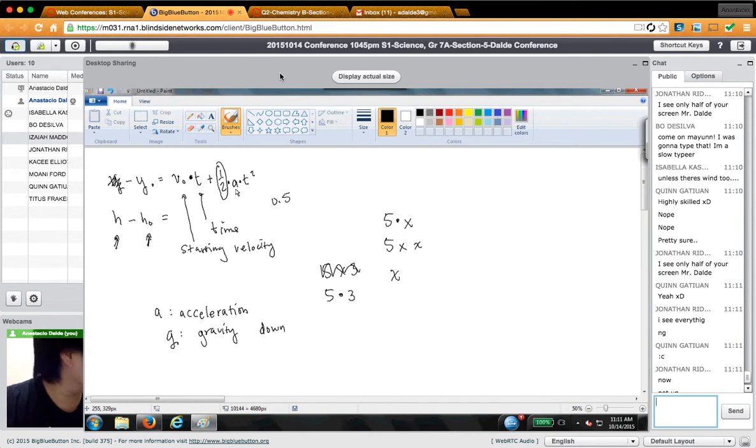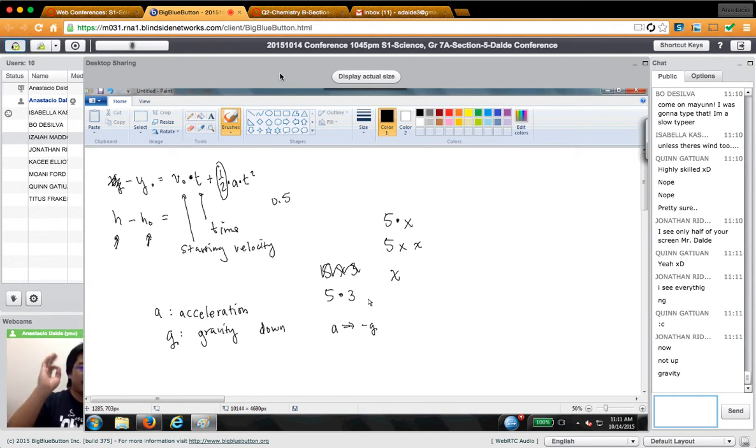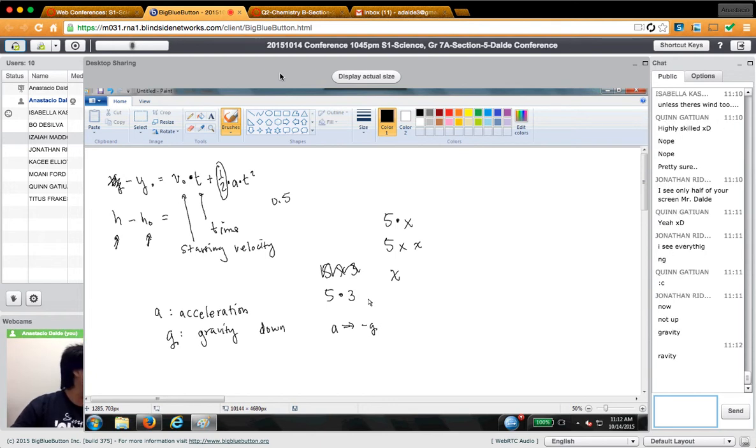I'm going to change this a to a negative g. A becomes negative g. Why negative g? Because gravity acts which direction? Down, in the negative direction. Oh, there we go. I get it now. Okay, all right.